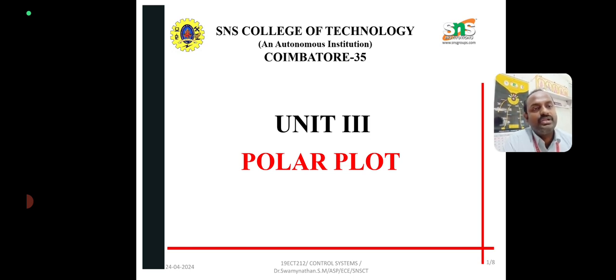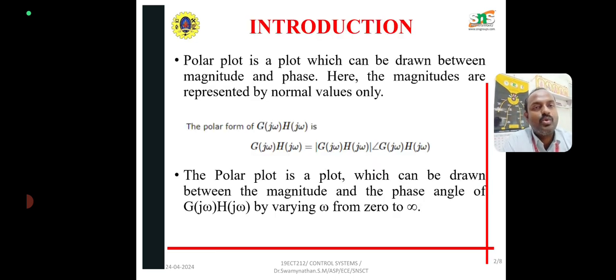Now we are going to discuss the topic called polar plot. In the previous class we discussed the Bode plot in semi-log graph sheet. In this polar plot, it is also drawn between the magnitude and phase. Here the magnitudes are represented by the normal values only.